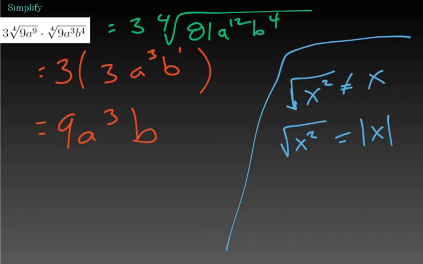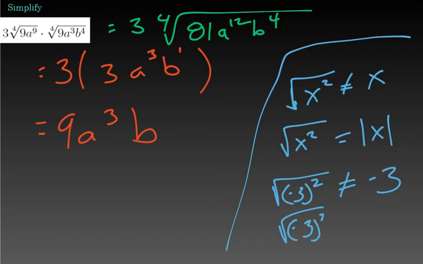That's just because if you do like negative 3 squared in there, you're never going to get the negative 3. The square root of negative 3 squared, these do in a sense cancel, but it equals negative 3 with the absolute value, which is 3. And that's just to maintain the behavior of the even roots as functions.